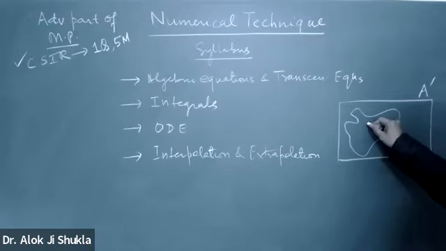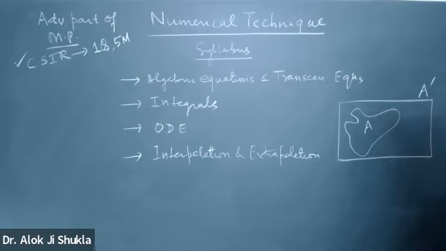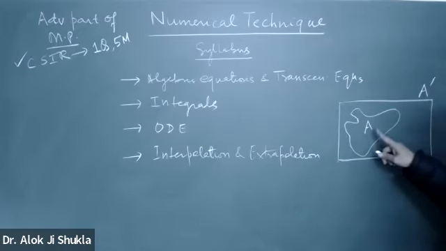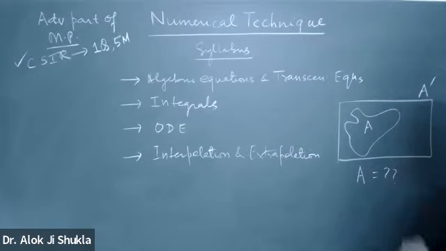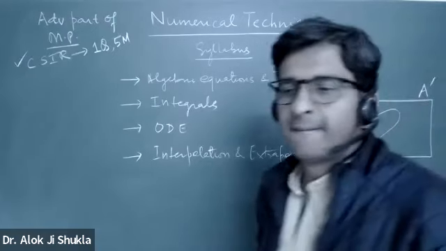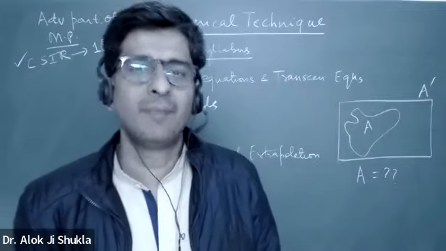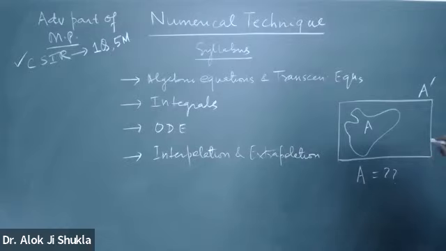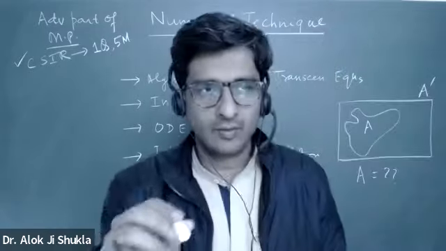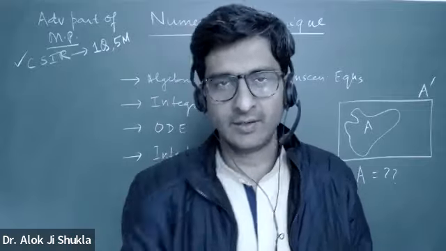And let the area of this random structure be capital A. I want capital A. So people suggested we can calculate it by playing with numbers. How? Just from a distance, throw darts. Darts, you know, वो जो निशाना लगाने वाला होता है, right?